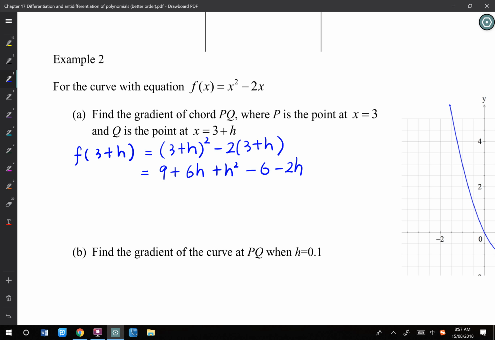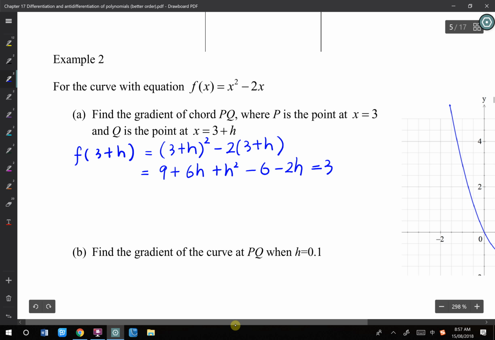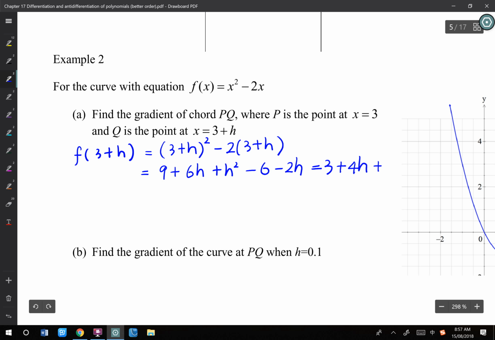Well, I have 3 plus 4h plus h squared. Okay, 9 and 6 becomes 3, 6h and 2h becomes 4h, and left with h squared. So that's the y value when x equals to 3 plus h.